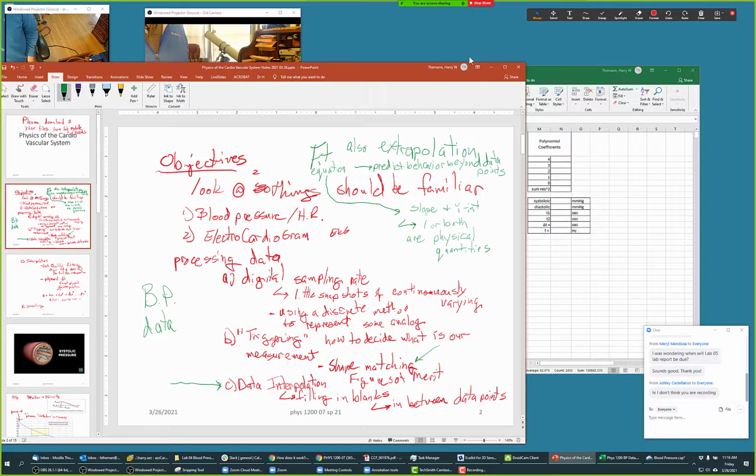When we're going to do an interpolation, in our case we're going to look for non-physical quantities, and they're called coefficients, non-physical terms. There we go.